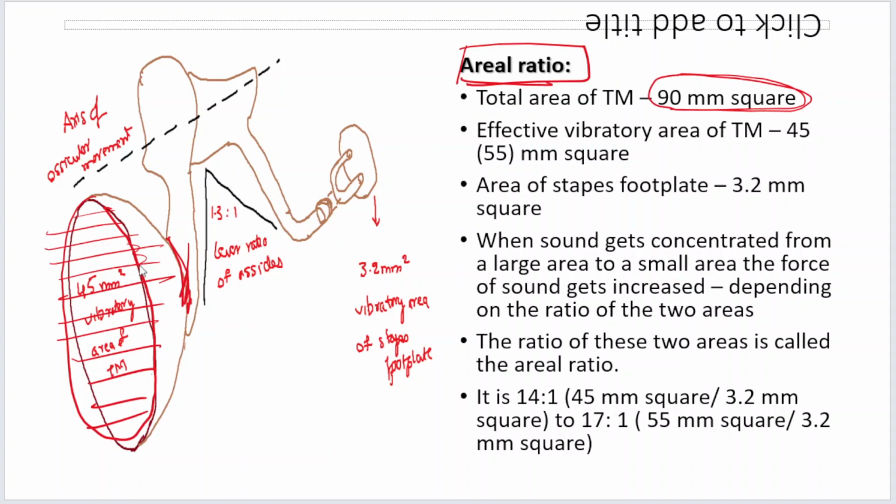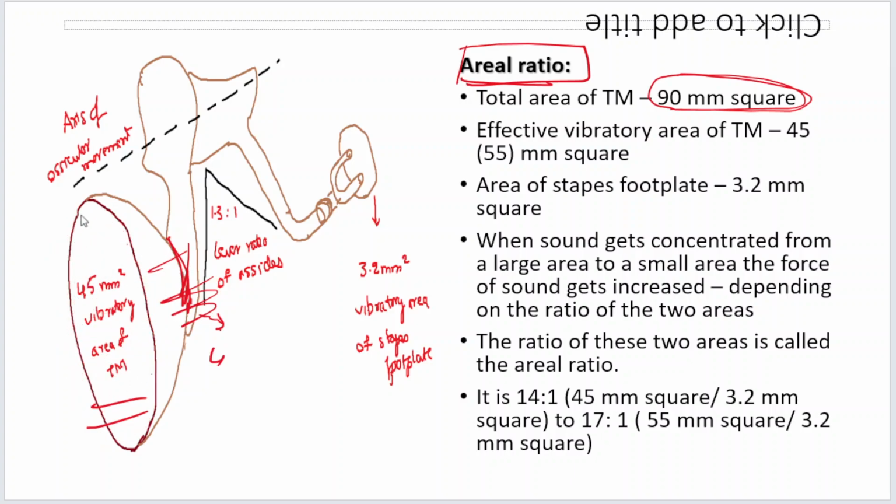Only the periphery vibrates more than the central part, because the central part is attached and does not vibrate as much. So the effective vibratory area is 45 millimeter square. Some say it is 55 millimeter square.